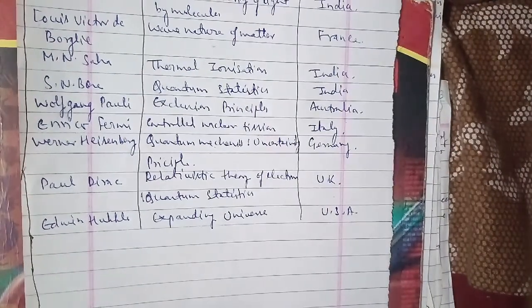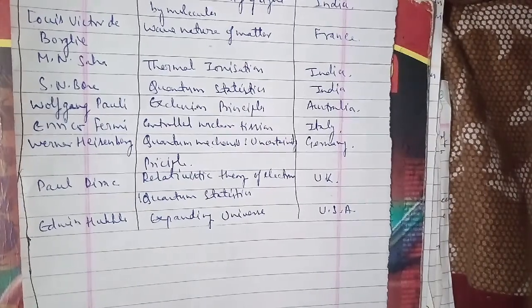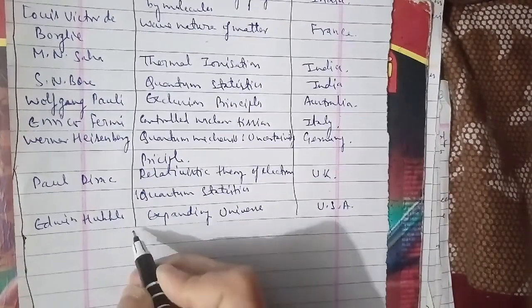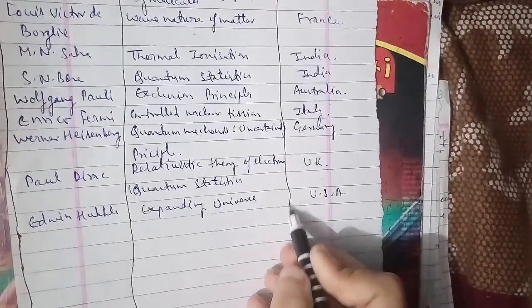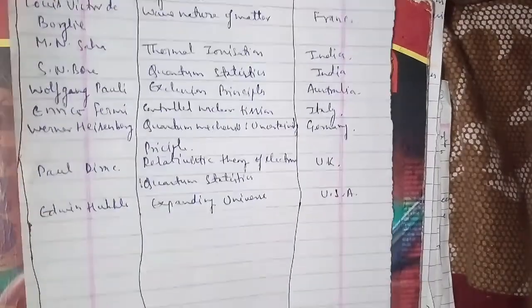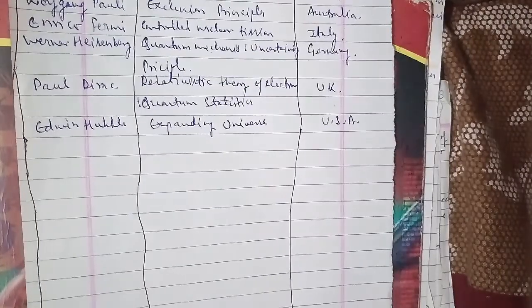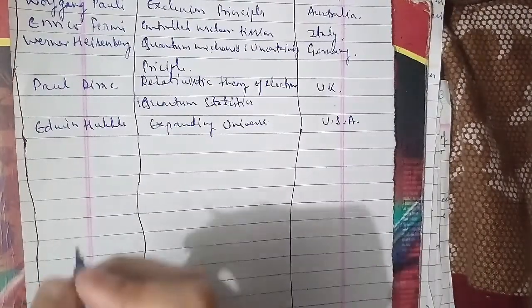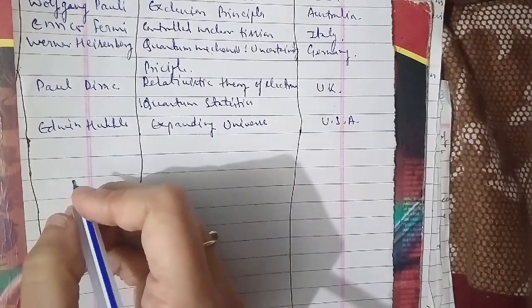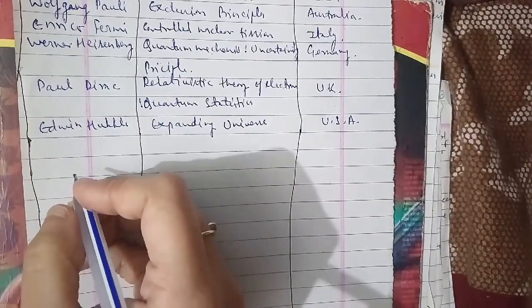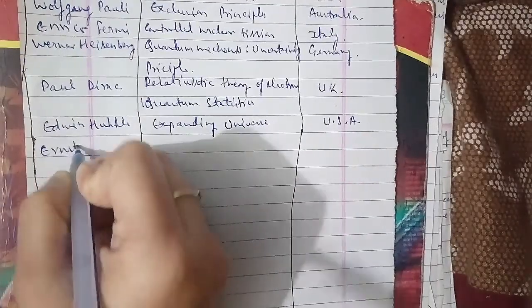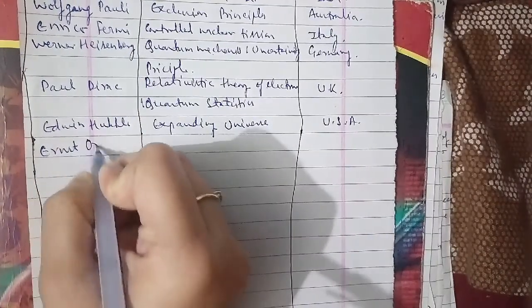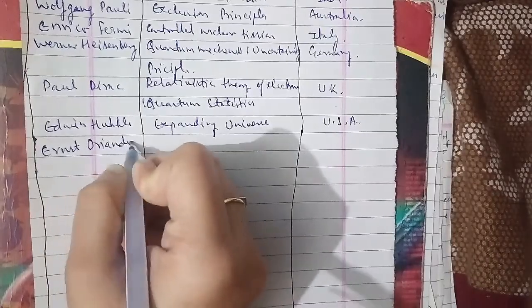After Edwin Hubble, we have Ernest Orlando Lawrence. His contribution and discovery is the cyclotron, and the country of origin is the USA.